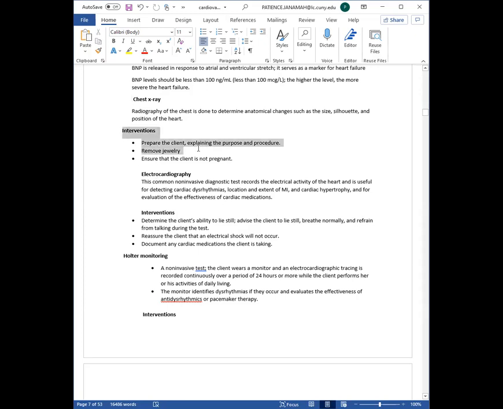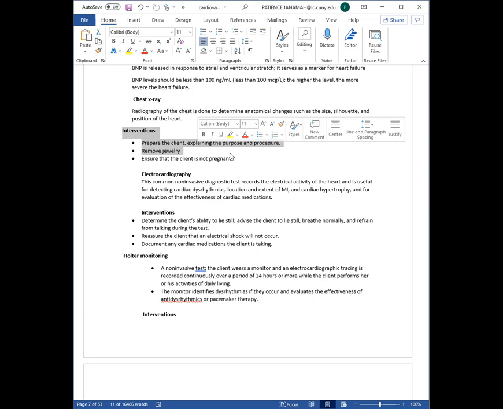Now, I'm not going to talk about the interventions, but for NCLEX, what they want you to know is that for every X-ray procedure the patient is going to go through, every CT scan procedure the patient will do, anything that uses radiation and is a procedure a patient is going to go through, you're going to have a preparative process, and that will involve taking off any metal, any dentures, anything that is foreign in the person's body because it's radiation.